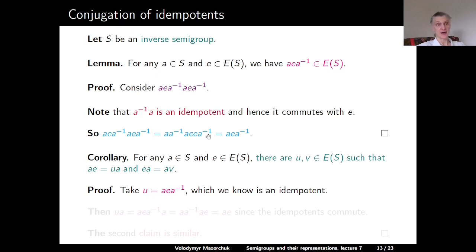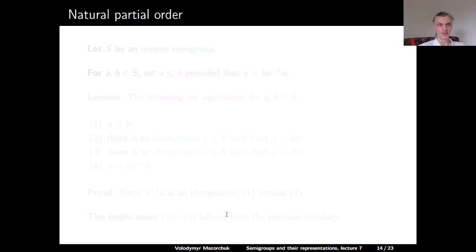And we know that it's an idempotent because of our lemma. Then U times A is equal to A times E times A inverse A. The idempotents E and A inverse A commute, so that's equal to A times A inverse A times E. The first three factors collapse to A and we get AE. And the second claim is proved similarly.